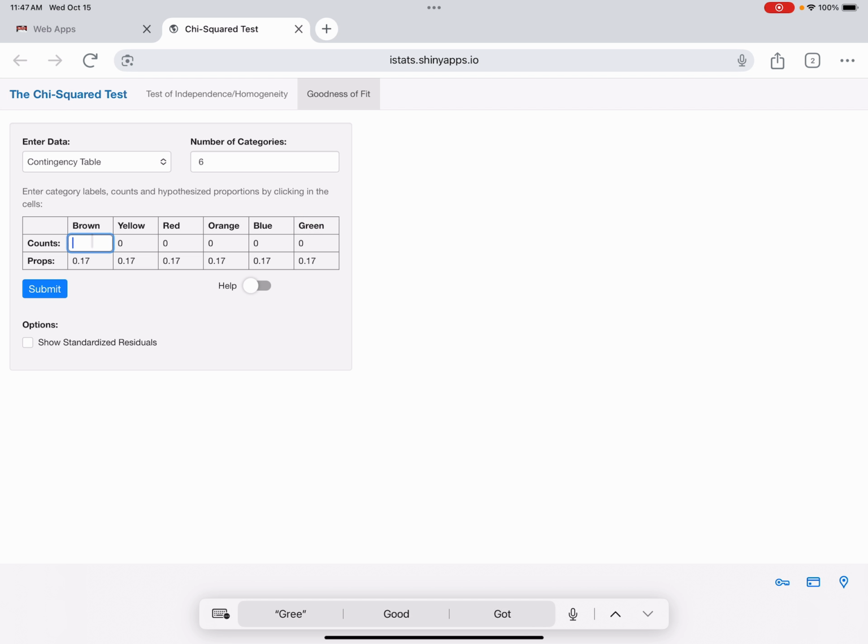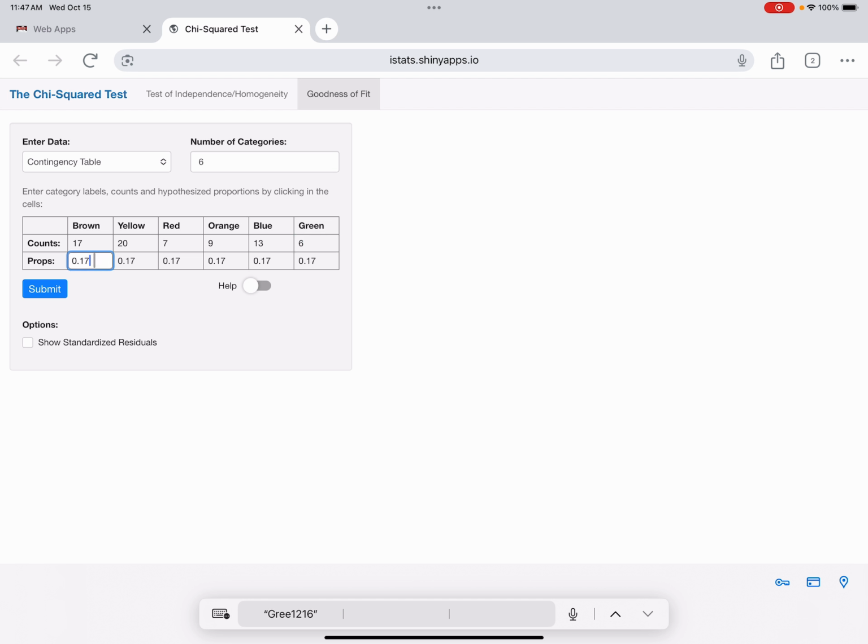So for counts, we had 17. It doesn't like it when I use tab for some reason. 17, 20, 7, 9, 13, and 6. So I'm just copying that data over.